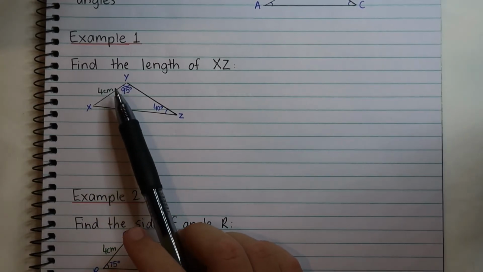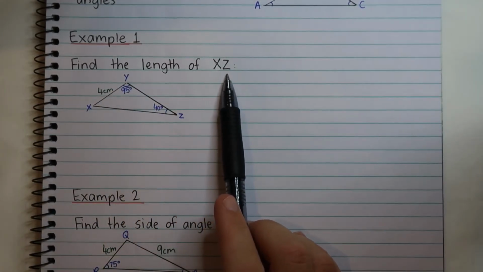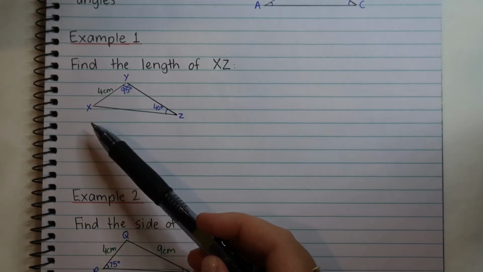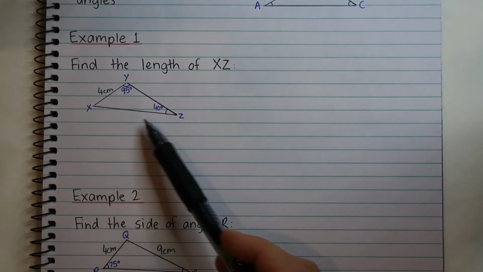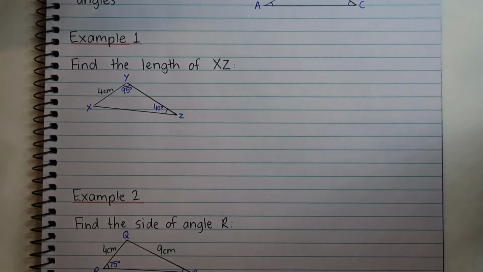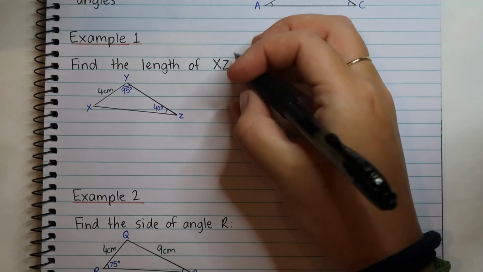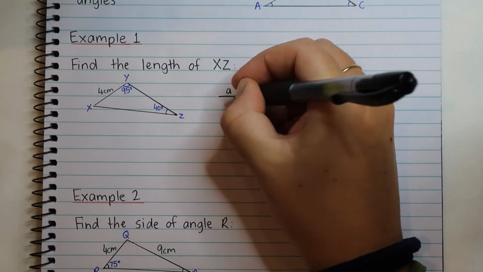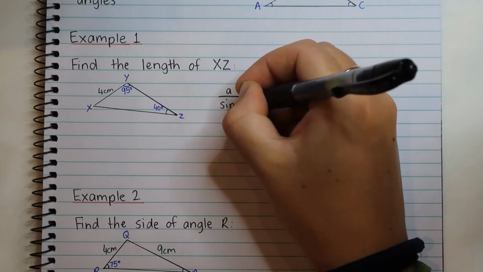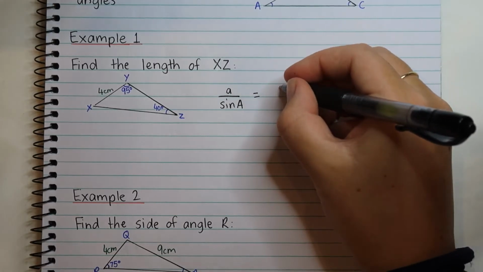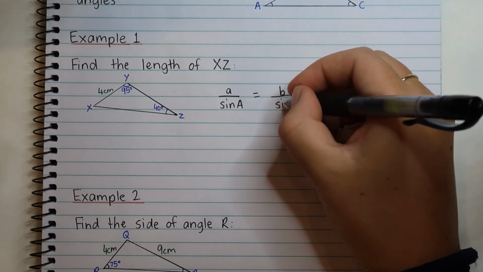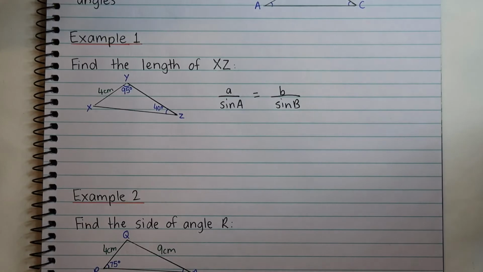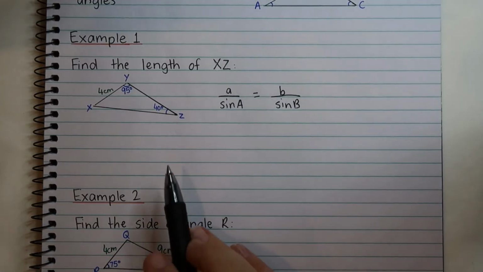So example 1, find the length of xz. So that's this side here, xz. So let's write out our rule. So our rule is A over sine angle A is equal to B over sine angle B. So now let's put in our values.